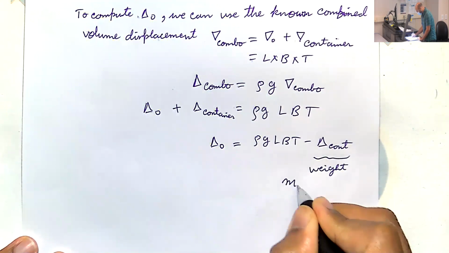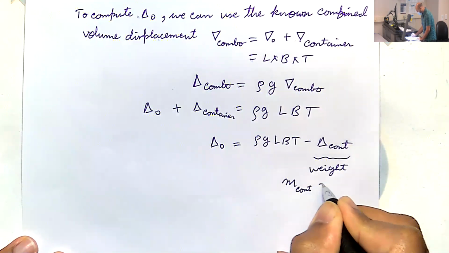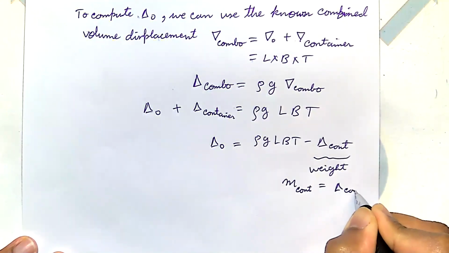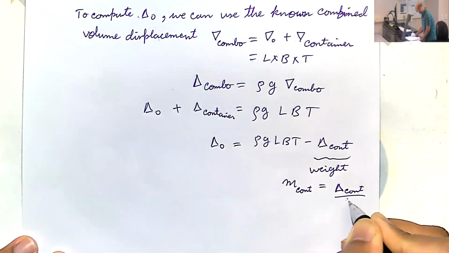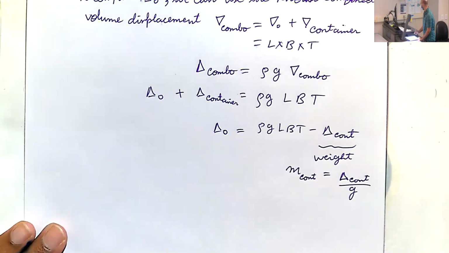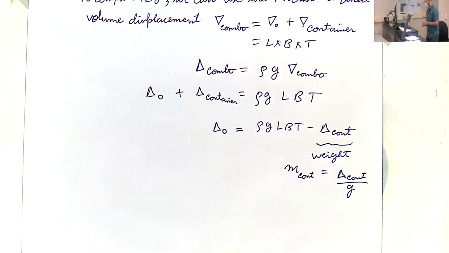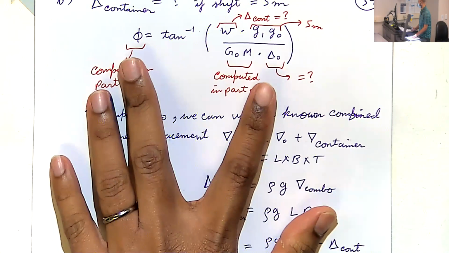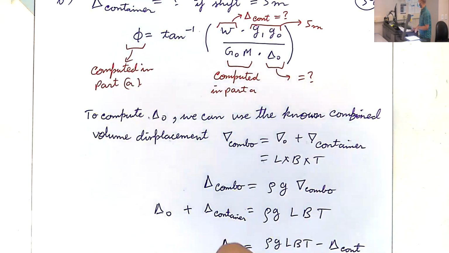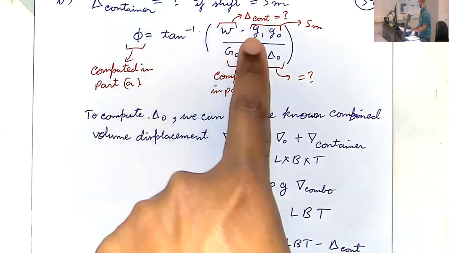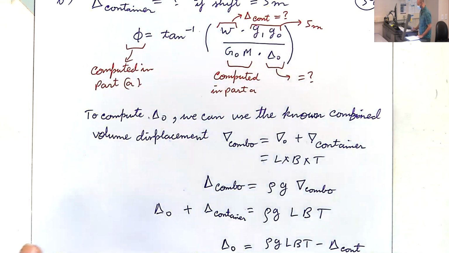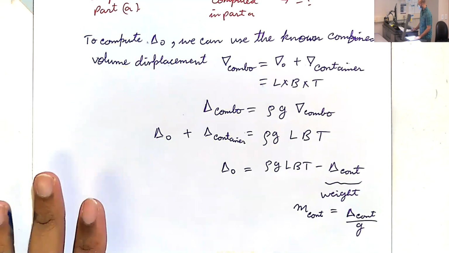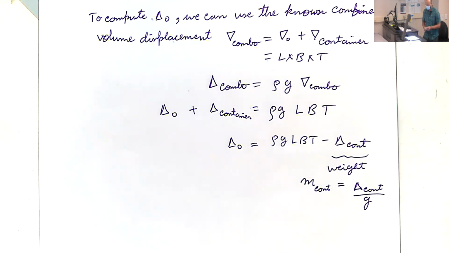So the mass of the container would be, I see, I need to divide by G. Yeah, it's just divide by G. Okay, thanks. So this equation is fairly easy to solve. Everything's known except for delta container. Any other questions?